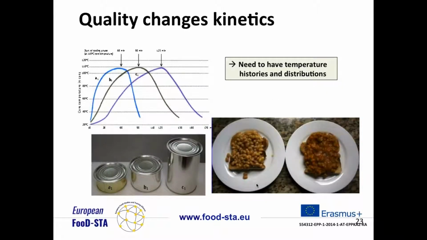Another very classical example is the canning of foods. Here I show an example of canning of a product, just changing the size of the can. So we need to have knowledge of the heat transfer phenomenon inside the cans, and at the same time the kinetics of change.